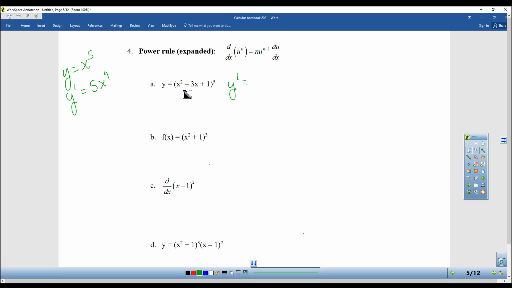If you have more than just x, if you have a whole polynomial to the 5th, you can't just do the whole polynomial to the 4th. I mean, you can, n, u to the n minus 1, but then you have to multiply it by the derivative of u. So this is your u. You're going to multiply now by the derivative of u with respect to x.